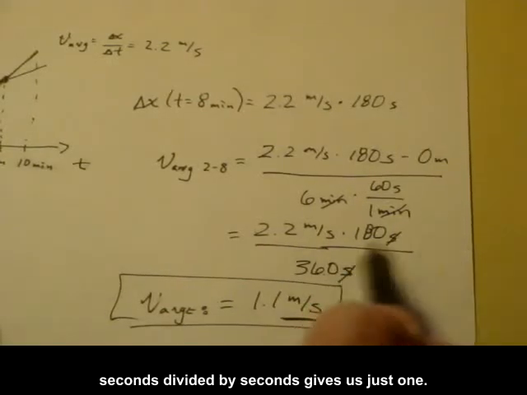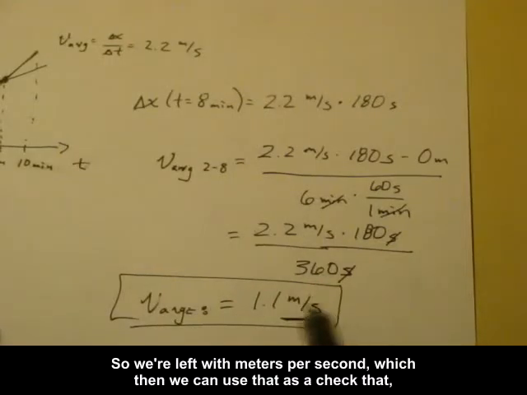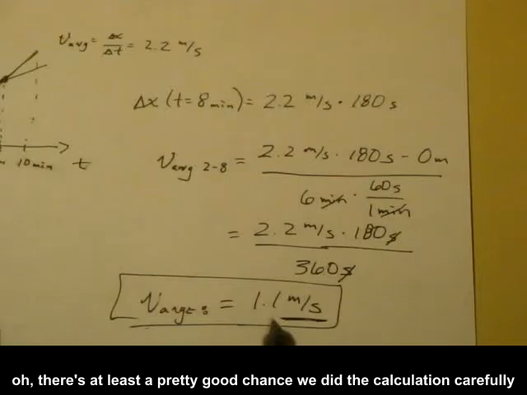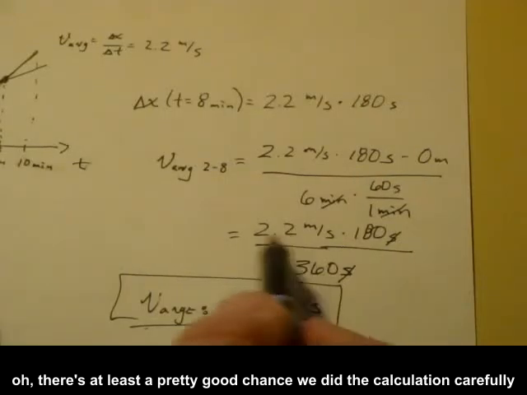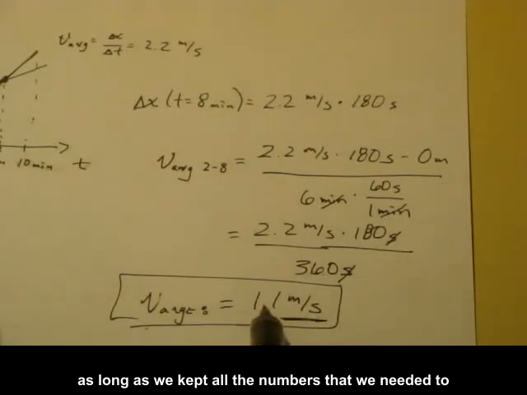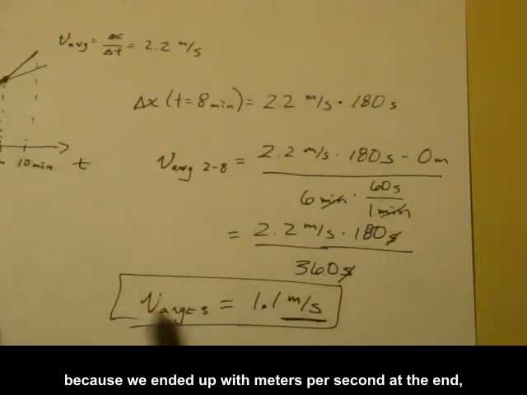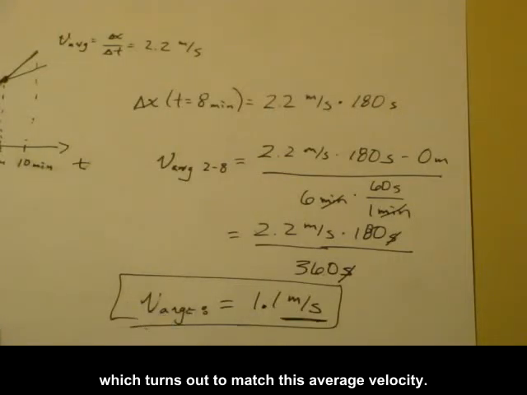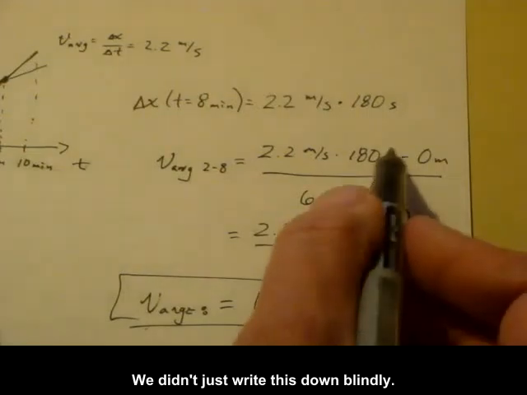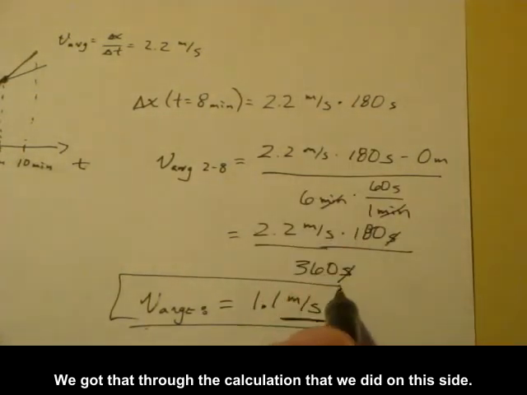Seconds divided by seconds gives us just 1. So we're left with meters per second, which we can use as a check that there's at least a pretty good chance we did the calculation carefully, because we ended up with meters per second at the end, which matches this average velocity. We didn't just write this down blindly. We got that through the calculation that we did on this side.